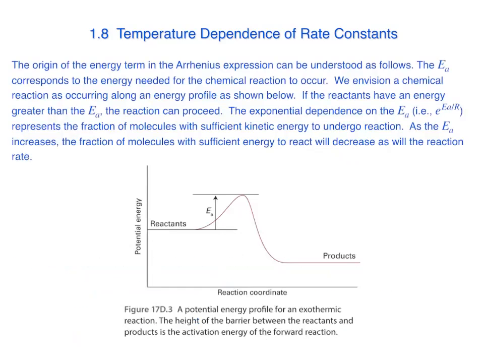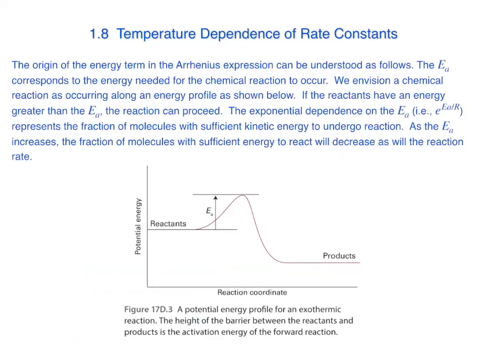Now, the origin of the energy term in the Arrhenius expression can be understood as follows. The activation energy corresponds to the energy needed for the chemical reaction to occur. Now, we often envision a chemical reaction as occurring along some energy profile, as shown in this figure. If the reactants have an energy greater than the activation energy, the reaction can proceed.